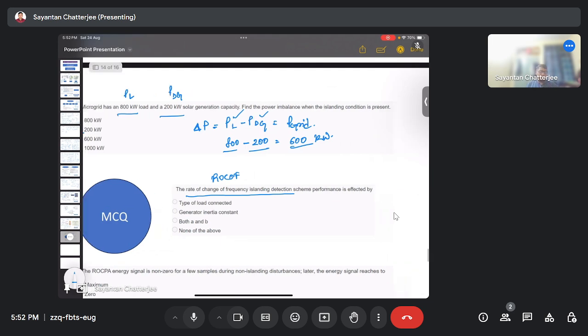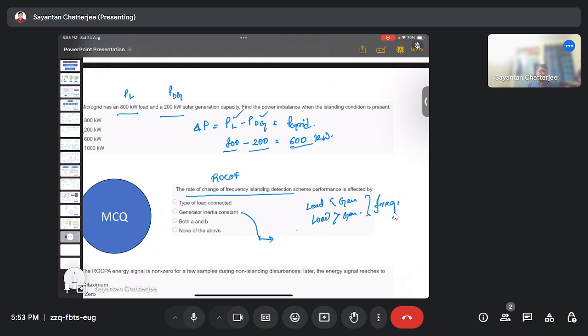So when there is a load-generation imbalance, then only we face the frequency problem, and also the generator inertia constant.